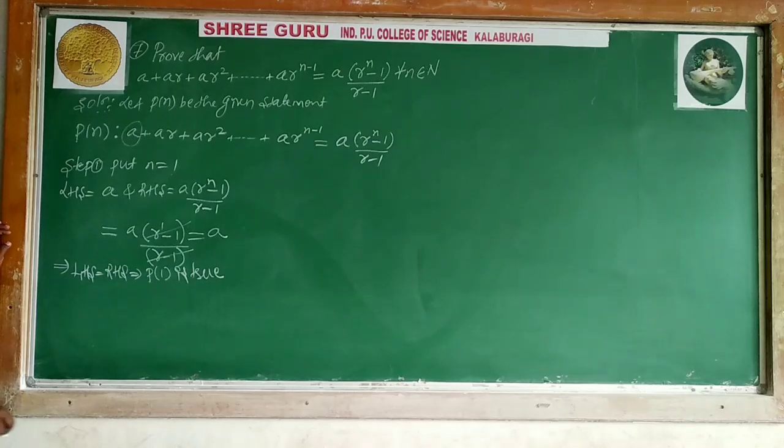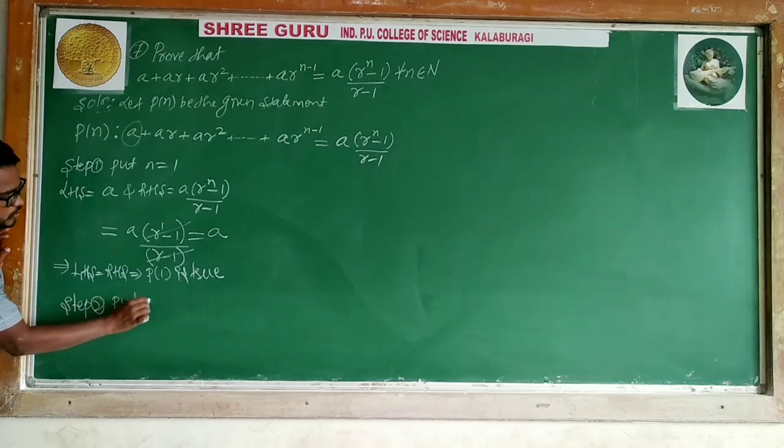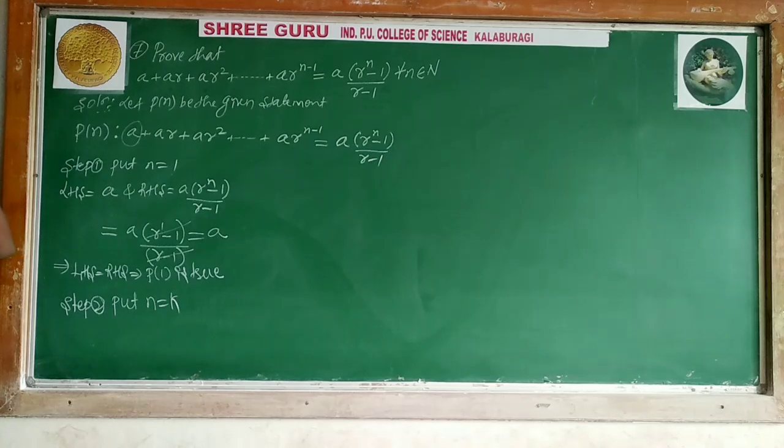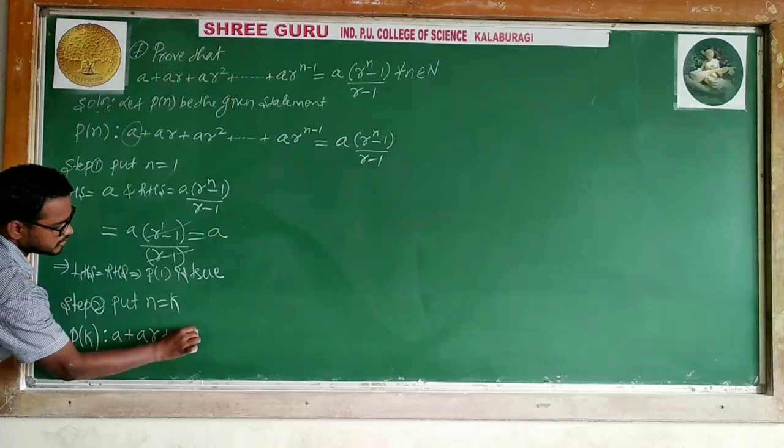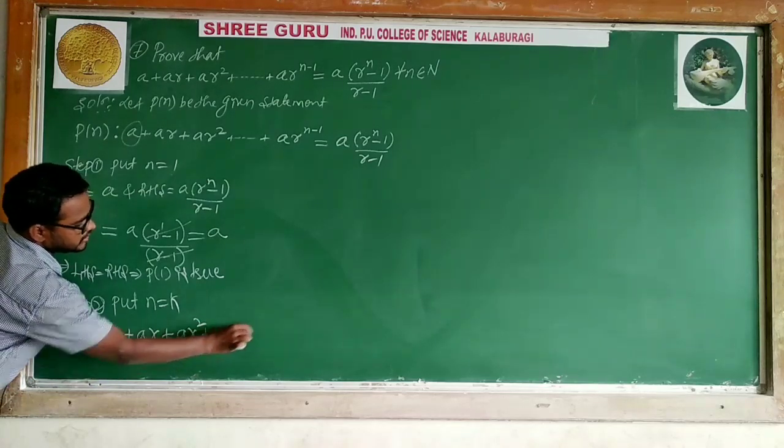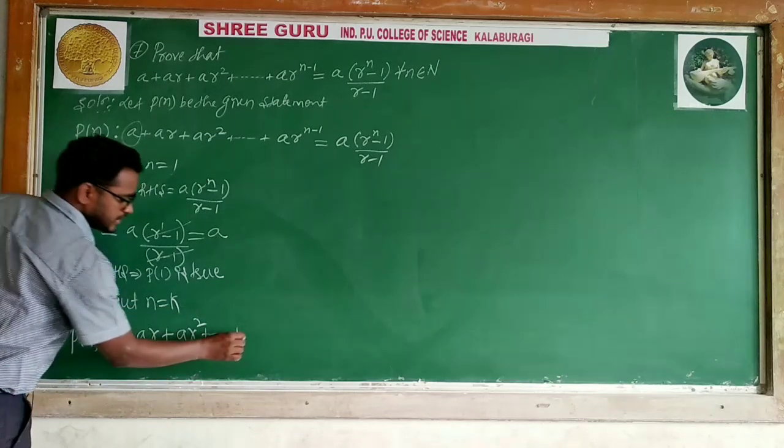Step 2. Put n is equal to k. As usual, every time we take the same thing, P of k. A plus ar plus ar square plus so on, where n is there, you replace k.